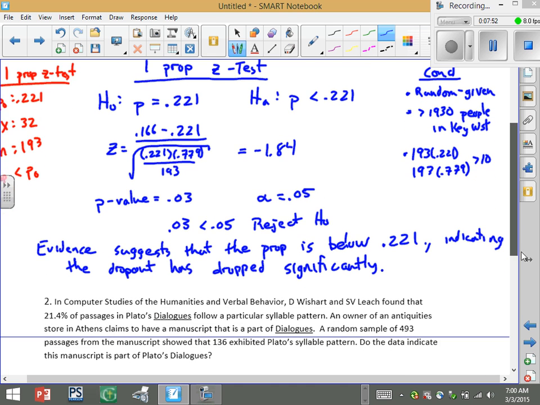So there's what a one prop z test will look like.